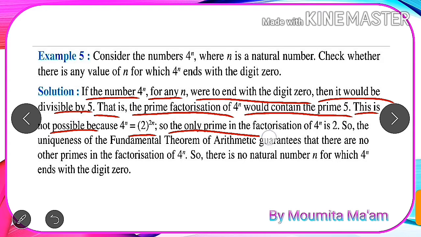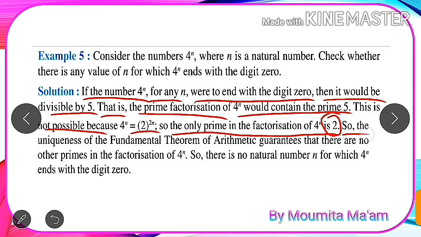So, the only prime in the factorization of 4 to the power n is 2. Also, the uniqueness in the fundamental theorem of arithmetic guarantees that there are no other primes in the factorization of 4 to the power n. So, there is no natural number n for which 4 to the power n ends with the digit 0.